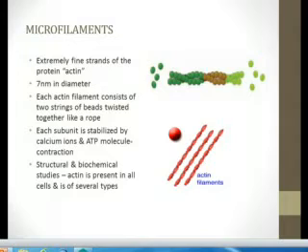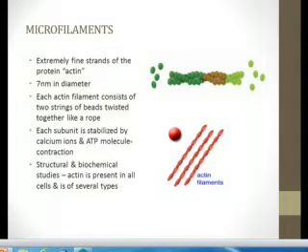Each of these is made up of subunits called actin subunits. These subunits are joined together and twisted upon each other to form a twisted string, that is the basic structure of the actin filaments.